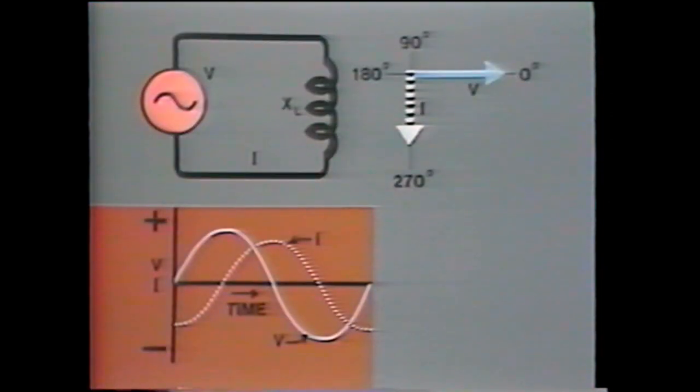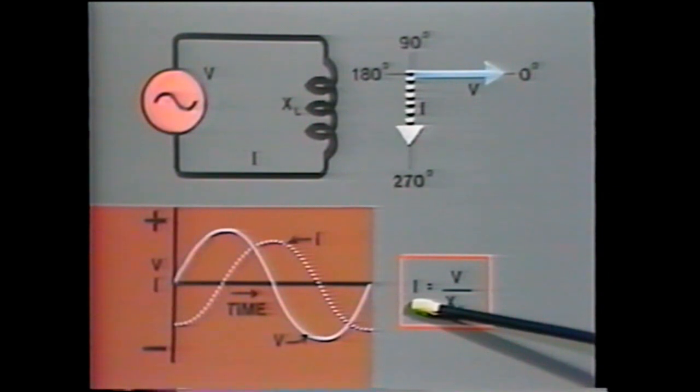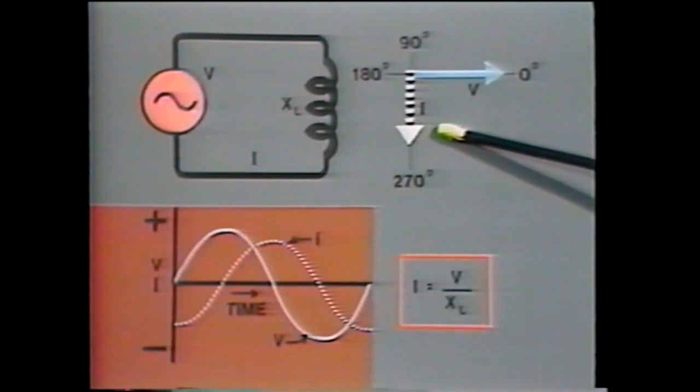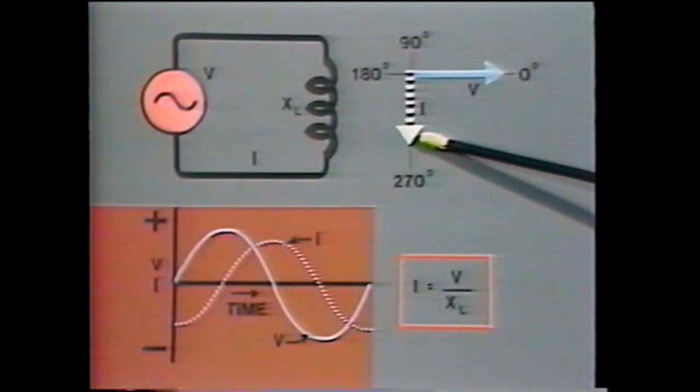The RMS value of current in a purely inductive circuit can be calculated simply by dividing the RMS voltage, V, by the value of inductive reactance, X sub L. The resultant current, I, will of course be out of phase with the voltage by 90 degrees, as shown on this vector diagram.